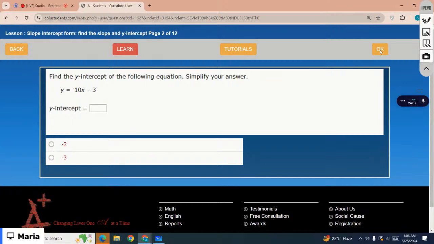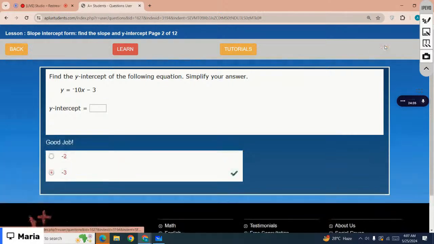Find the y-intercept of the following equation. Y equals negative 10 over x minus 3. So the y-intercept is negative 3 it is.